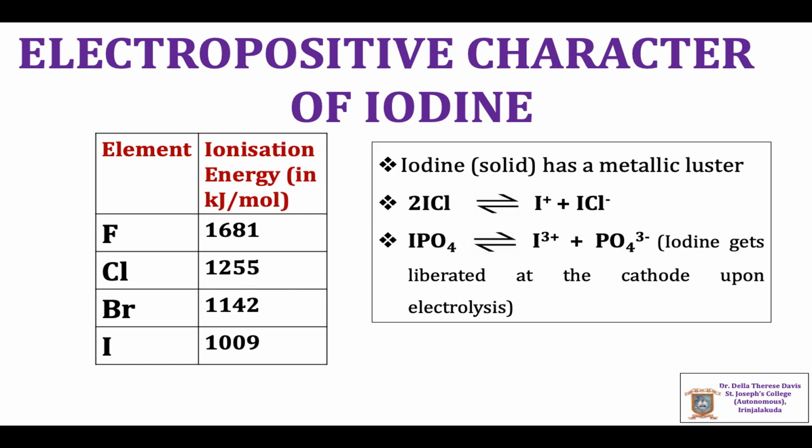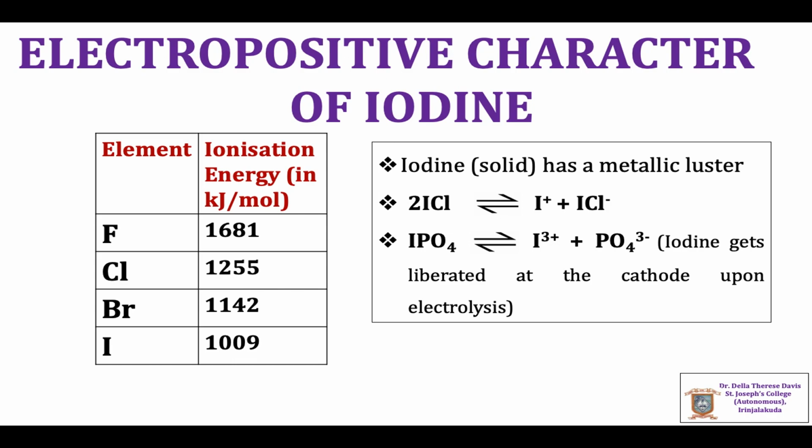Iodine has a tendency to exist in +1 and +3 states. Iodine monochloride ionizes as two molecules of ICl giving I plus and ICl minus.